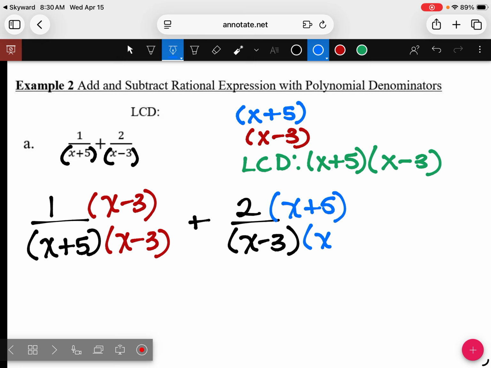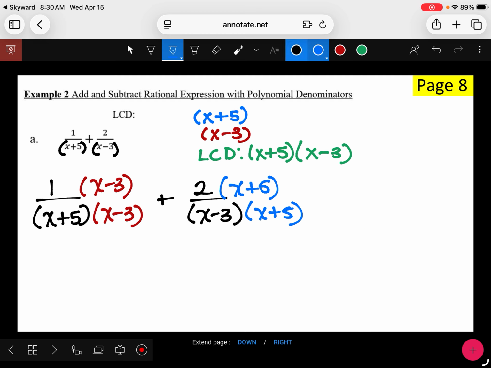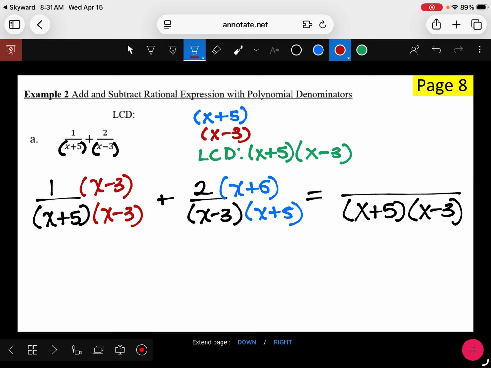All right, so when we have something like this, I recommend we just write it as one fraction. This is my denominator. It doesn't matter the order that you write your denominator. It could be x plus 5, x minus 3, or it could be x minus 3, x plus 5. And then I just want you to go straight across and write every single thing that we see.